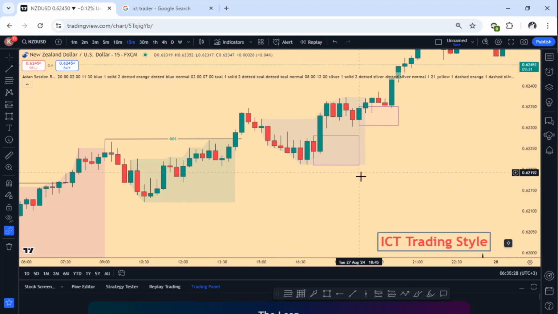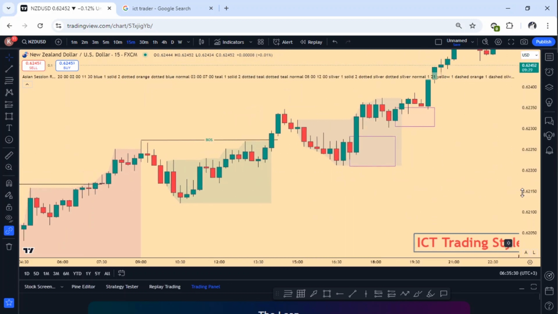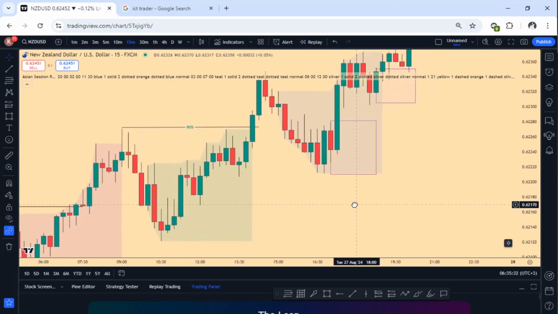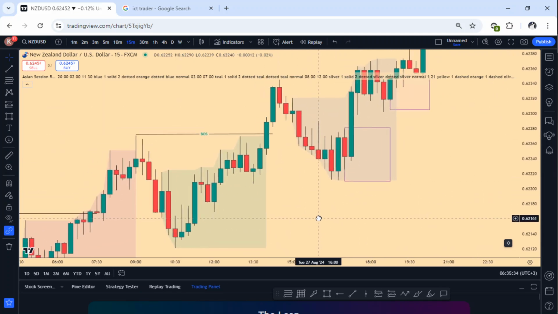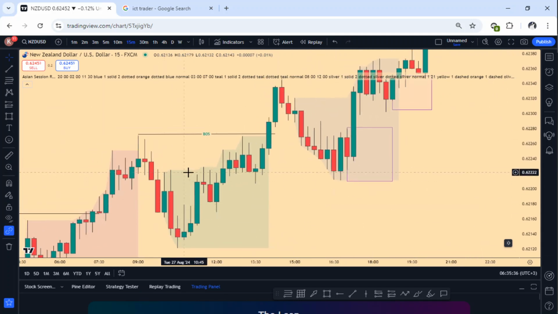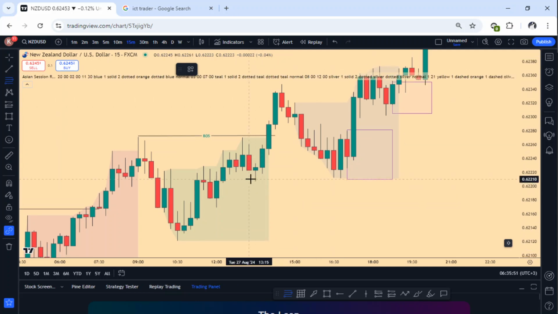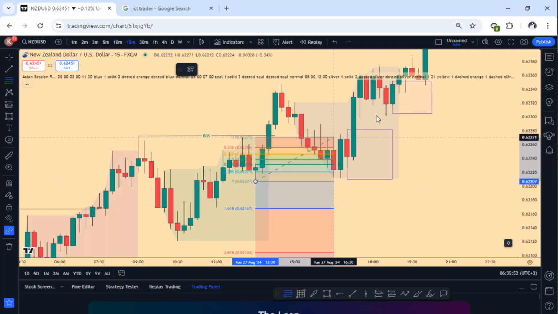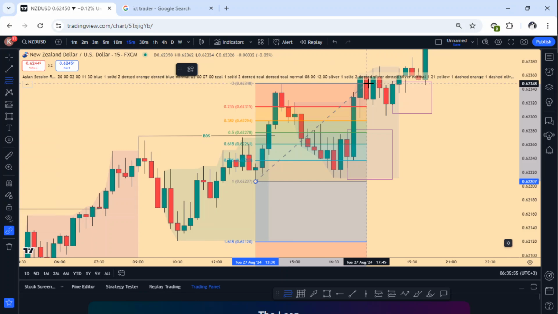Why? Because the ideal market structure, the continuation market structure that follows order flow, was this break here, pullback, break above this, pullback. There was a pullback from this point here to this point. Therefore the ideal market structure should begin from this point here. This low should not be broken, otherwise it would be bearish.